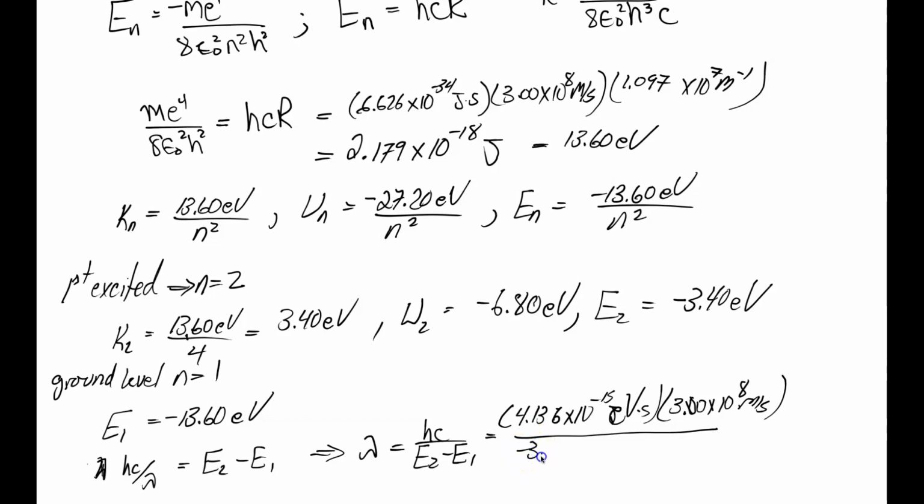E2 is negative 3.40 eV minus a negative 13.60 eV, and that will give us a wavelength of 1.22 times 10 to the negative 7th meter, or 122 nanometers. This is the wavelength of the Lyman alpha line, the longest wavelength line in the Lyman series of ultraviolet lines in the hydrogen atom.